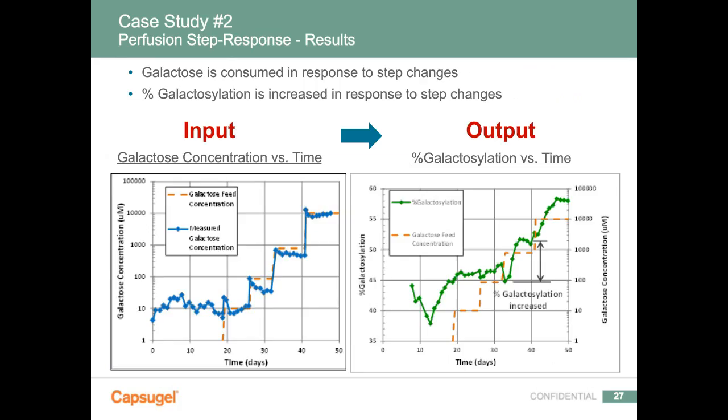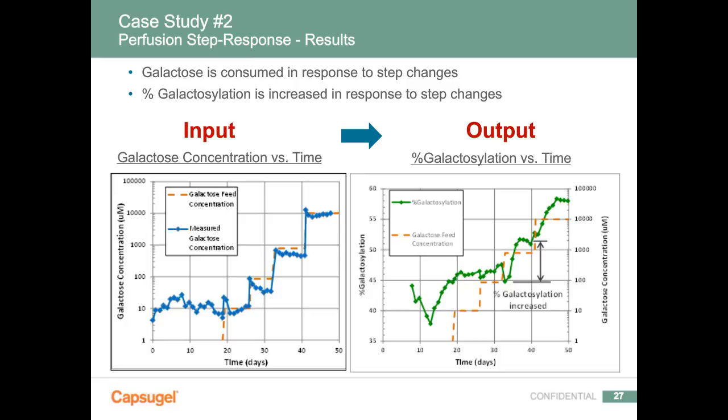And this is the data we got out of that. First, you can see that the galactose is consumed in response to the step changes. Before day 19, we didn't add any galactose, but the cells are actually producing some galactose.